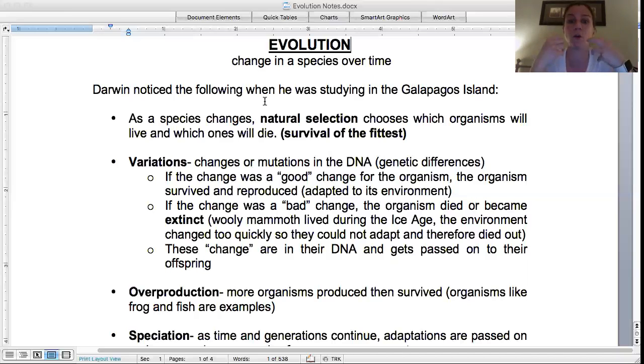What he did notice was that we had all these different types of finches on these different islands, finches being birds. He really studied birds on these islands, and he noticed that there were thousands of different kinds of birds. They had different coloring, they had different beaks. Some beaks were used to crack open seeds, some beaks were used to get into the nectar of flowers.